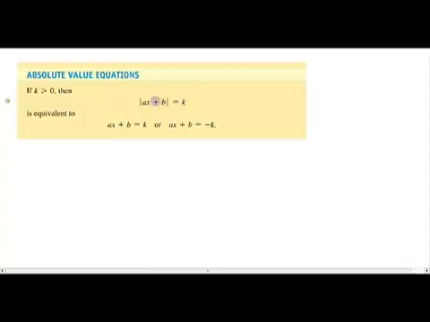That must mean that the value inside there either equals a positive k, so that it's k units to the right of 0, or that quantity inside there must equal a negative k, so that it's k units to the left of 0. Either way, the distance that this expression is away from 0 is k.